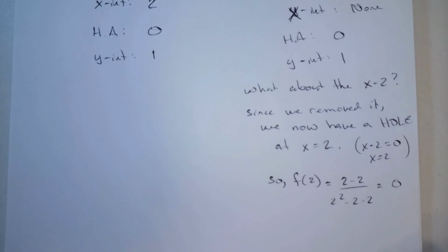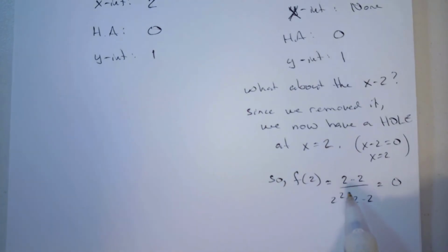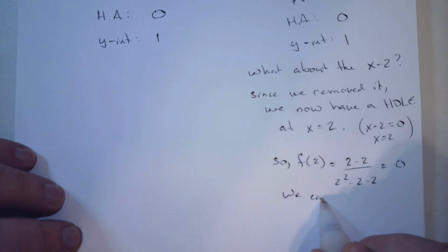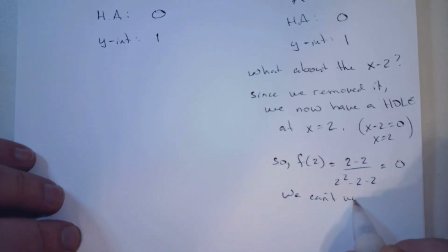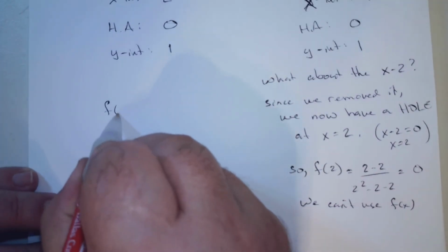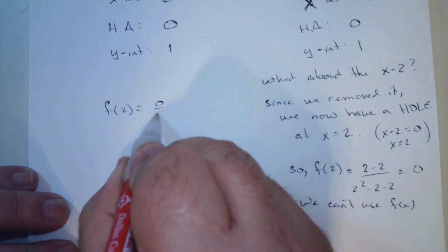Uh-oh, now we have a bigger problem. Since it got canceled, we can't use the original function. If we plug in that, we get 0 over 0.